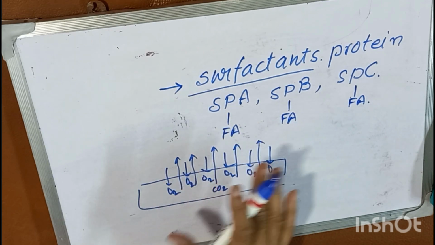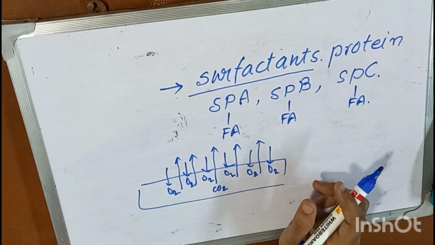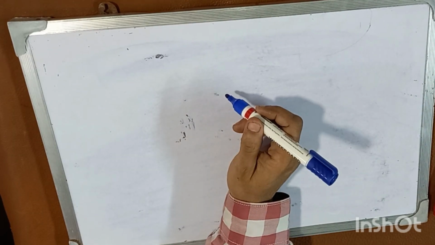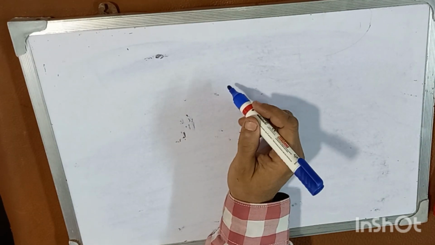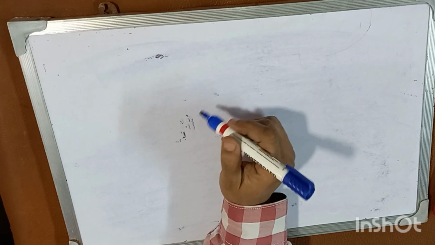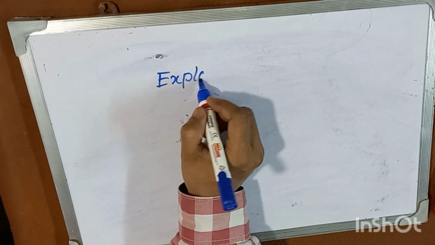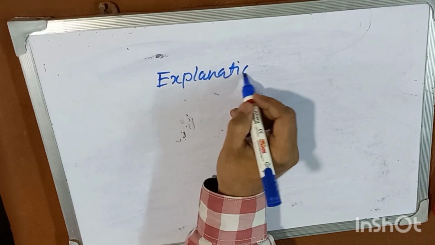The whole thing of surfactants and the pressure volume curves are important. Now I'll go to a little different thing related with surface tension, and give an explanation of something very important.